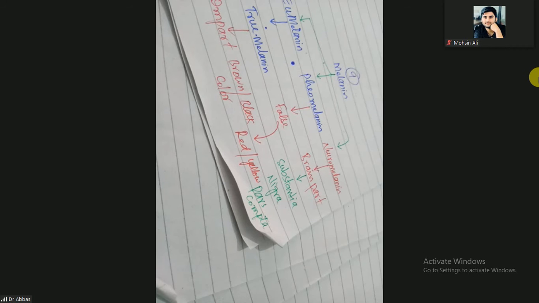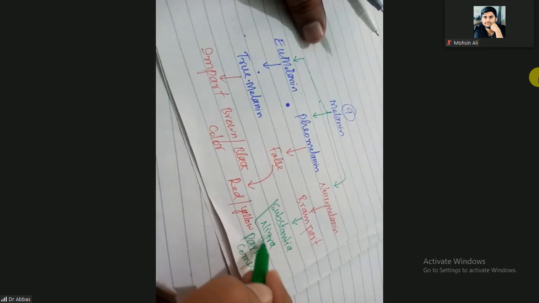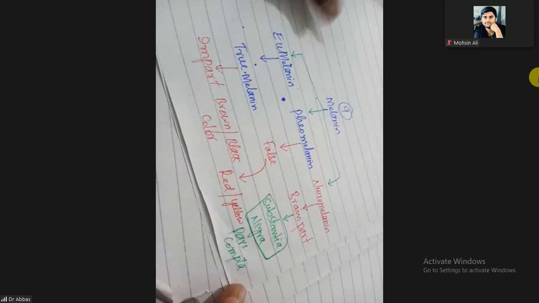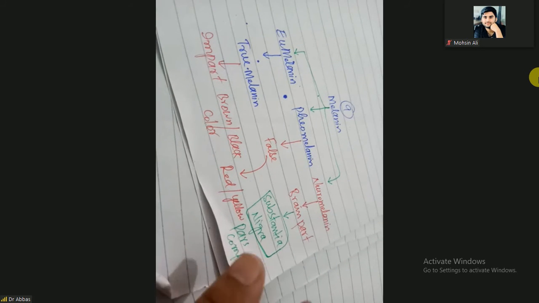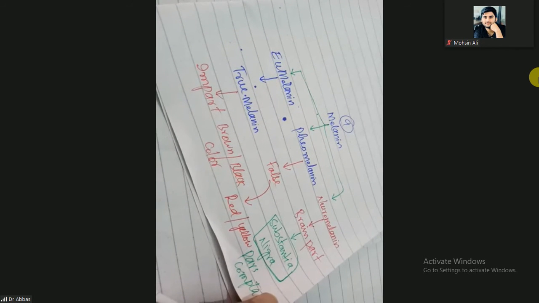So neuromelanin gives the black color to the brain. Substantia nigra is a black part of the brain, a nucleus that is black in color. The person who has more eumelanin has true melanin, black or brown, and the person who has more pheomelanin is dark red or yellow.